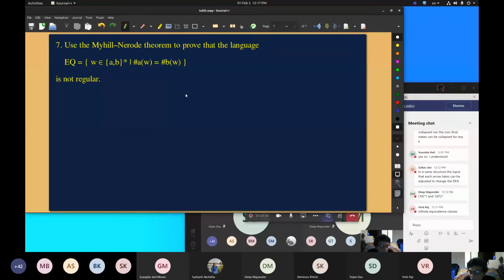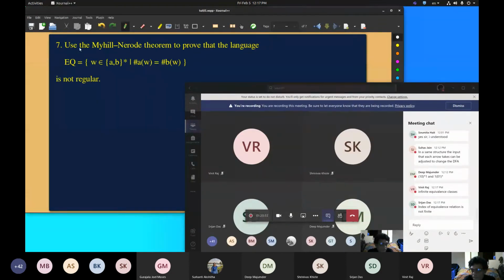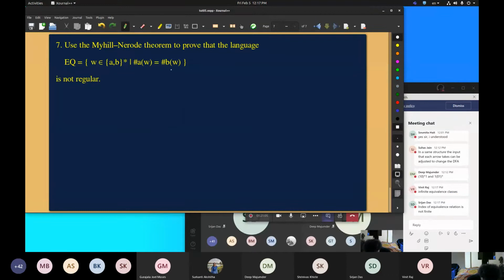Yes. Good suggestion. So the equivalence relation corresponding to this language does not have finite index. So this is a better statement. Index of the equivalence relation is not finite, but what equivalence relation? It is this relation. So to show that the equivalence relation corresponding to this language EQ has infinite index.